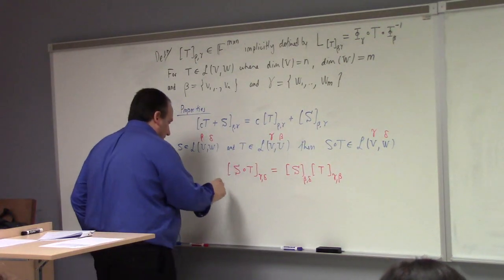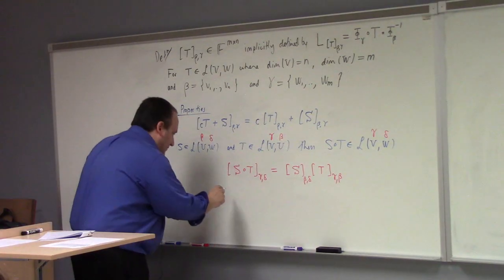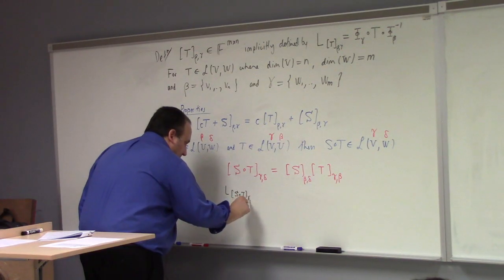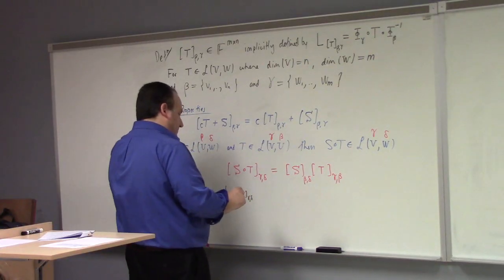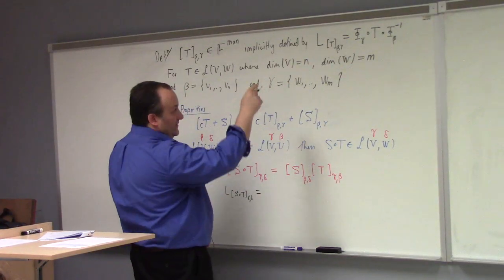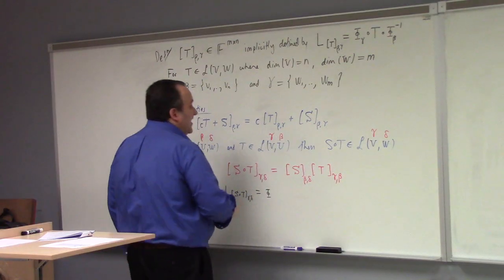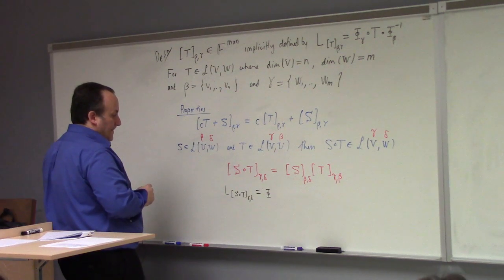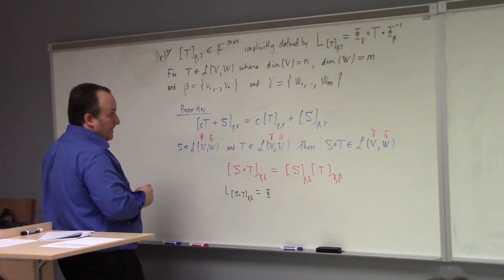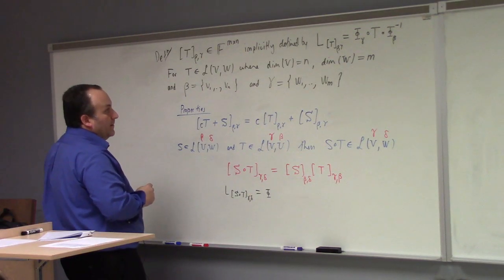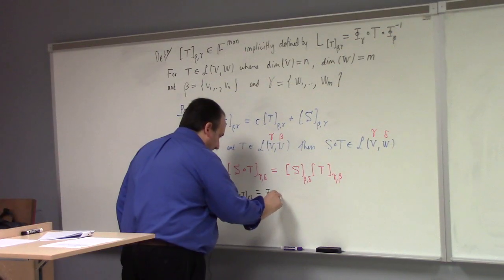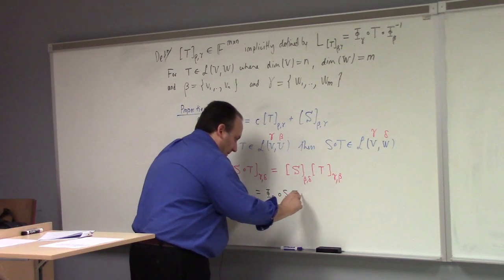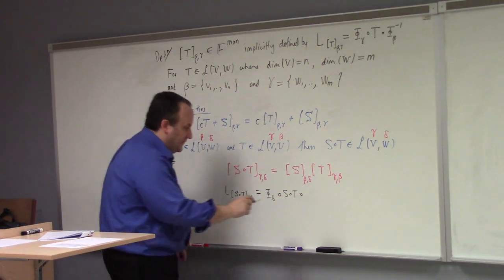So we have left multiplication by the matrix of S composed with T, gamma delta, is equal to, according to the definition, phi delta, composed with S composed with T, composed with phi gamma inverse, by the definition, yeah?